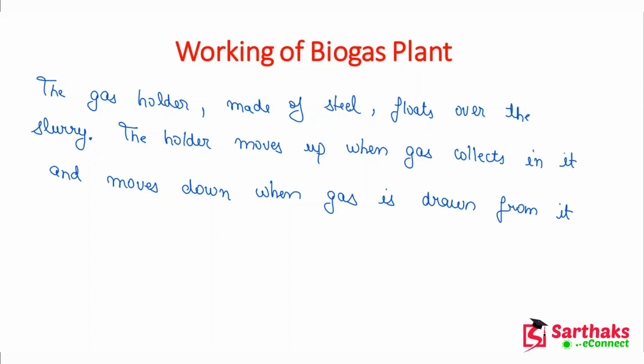Also, there is an outlet pipe for the gas at the top of the gas holder. There is an outlet pipe from which the gas is being collected. As we can see, the waste products are going to the outlet pipe also, and the gas is also going.